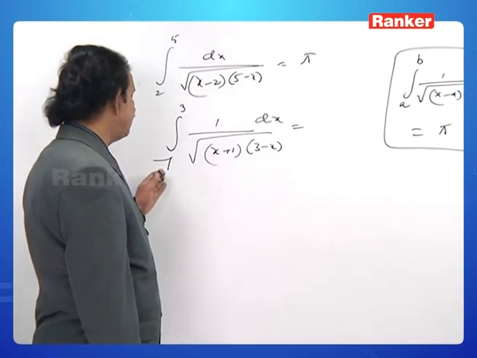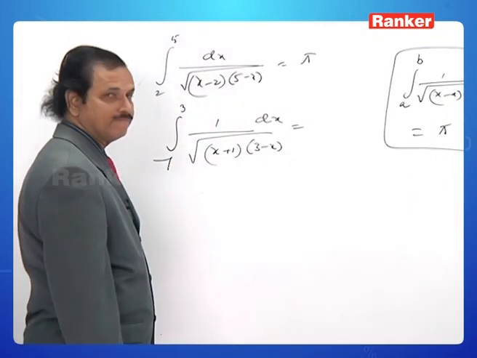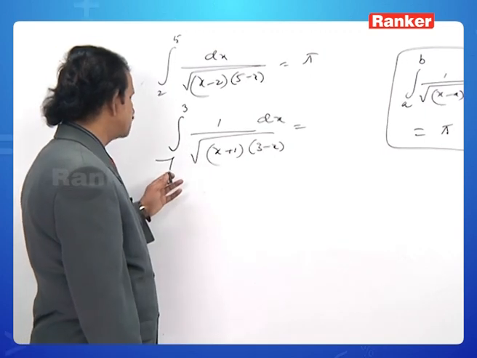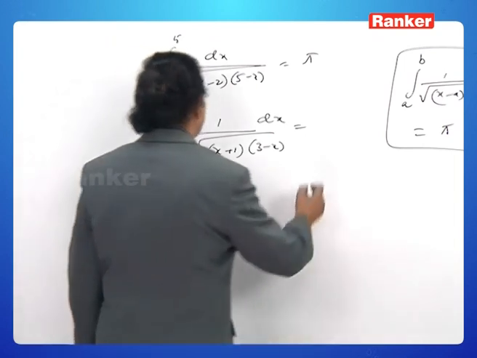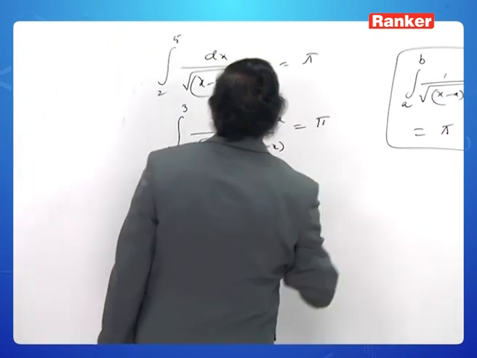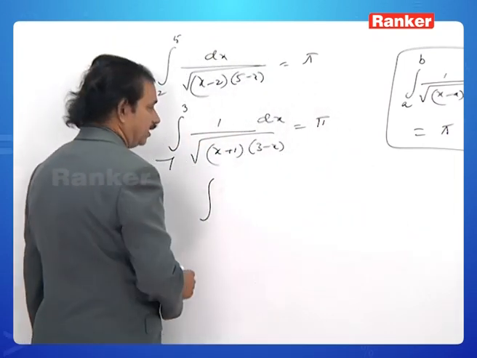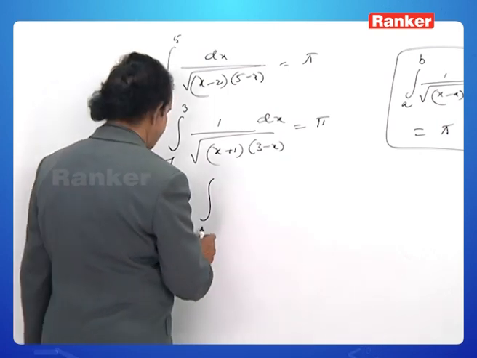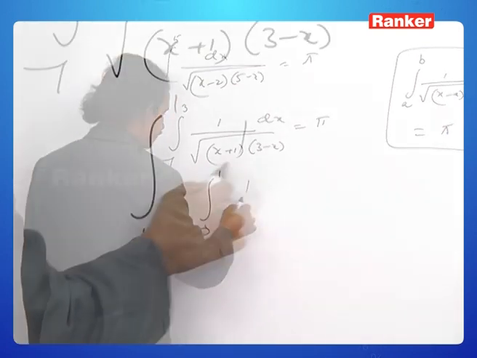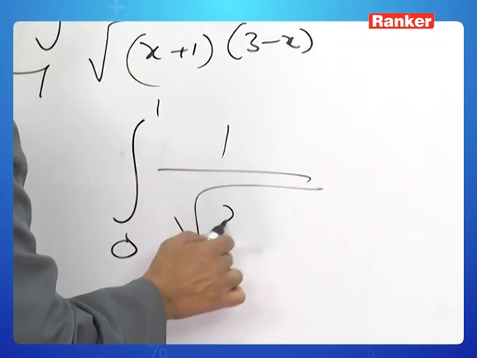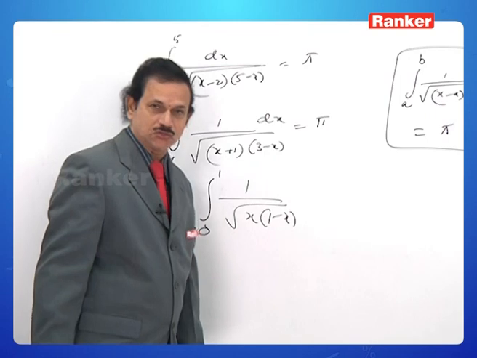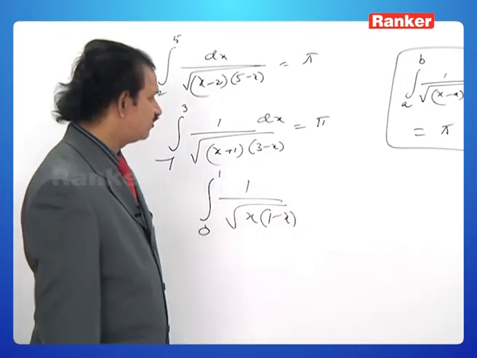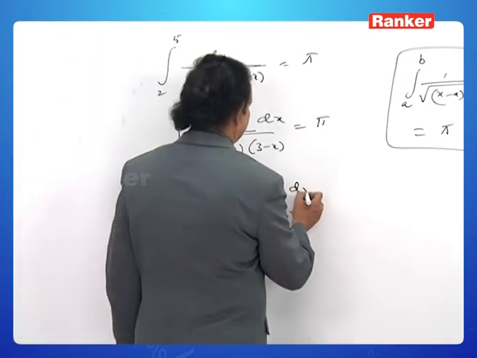In the place of a we have minus 1, in the place of b we have 3. x minus a, that is x minus of minus 1, and b minus x, that is 3 minus x. Again the answer is, come on, pi. Okay, one more thing. Integral 0 to 1, 1 by root of x into 1 minus x. Come on, what is the answer? x minus x square, of course. The answer is again pi.